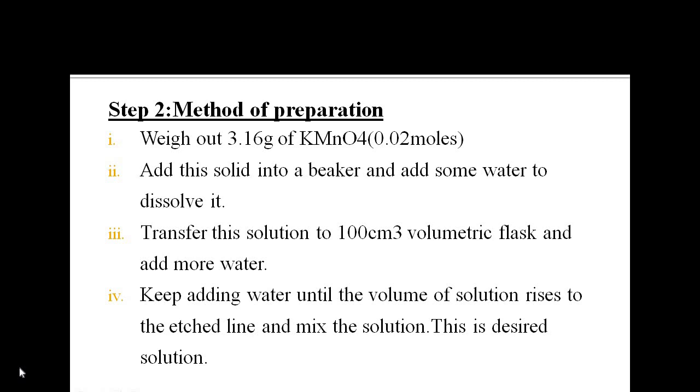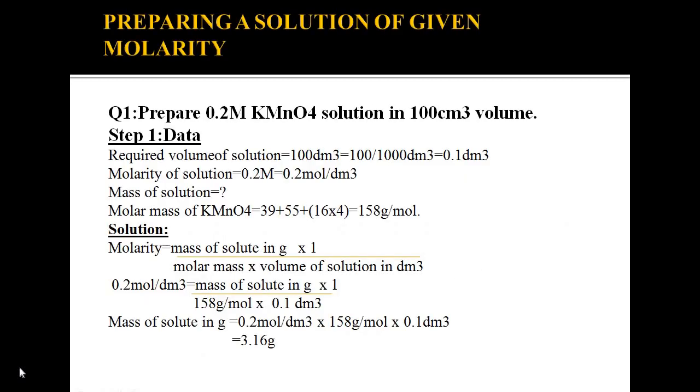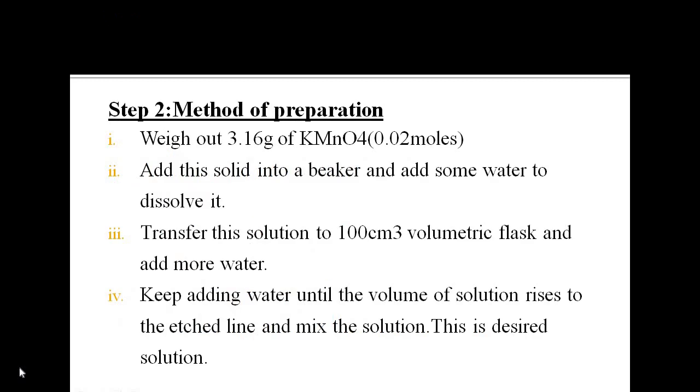Take a beaker, add this solid in the beaker, add some water and dissolve it. The requirement is to prepare 100 centimeter cube volume, so you have to take a 100 centimeter cube volumetric flask and transfer the solution into it. This occupies very little volume at the bottom of the flask.